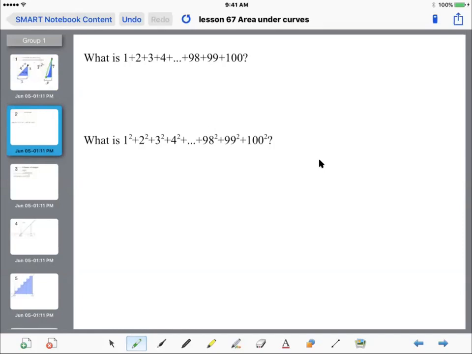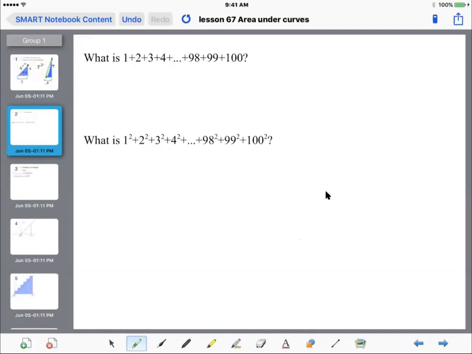Now, question 1 is something you probably know from last semester and from last year. What is 1 plus 2 plus 3 plus 4 up to 100? You could type it in. Either you know the formula, yes, it is 5050.